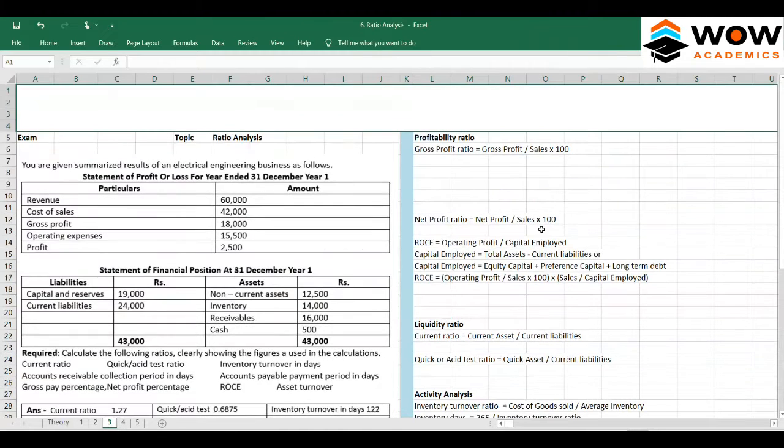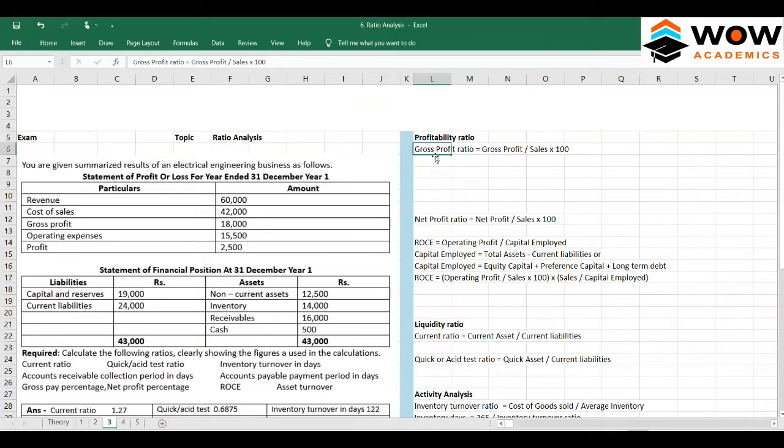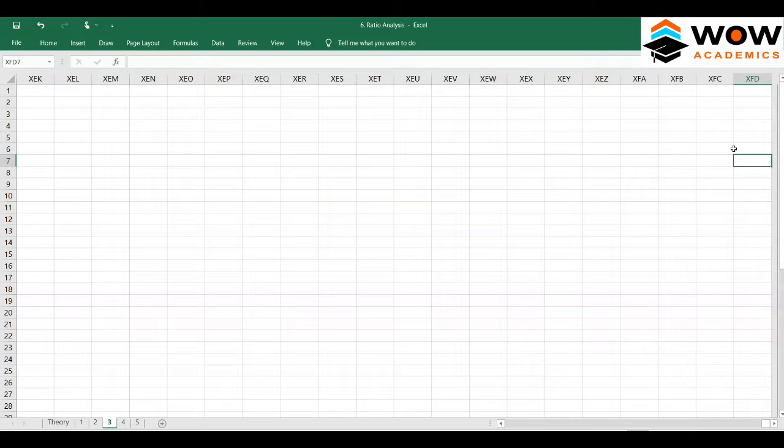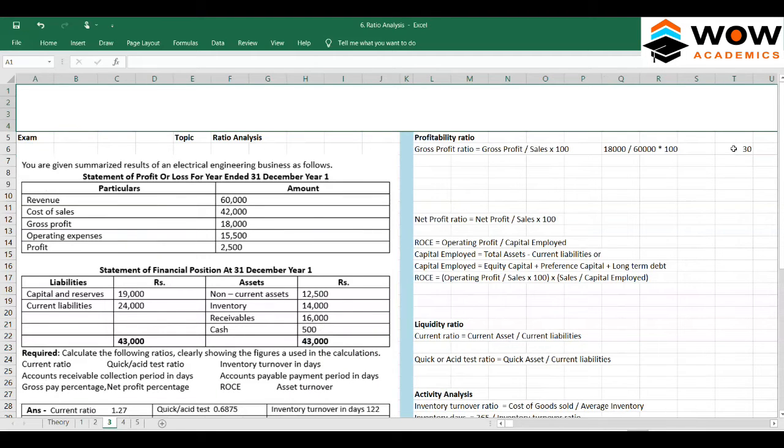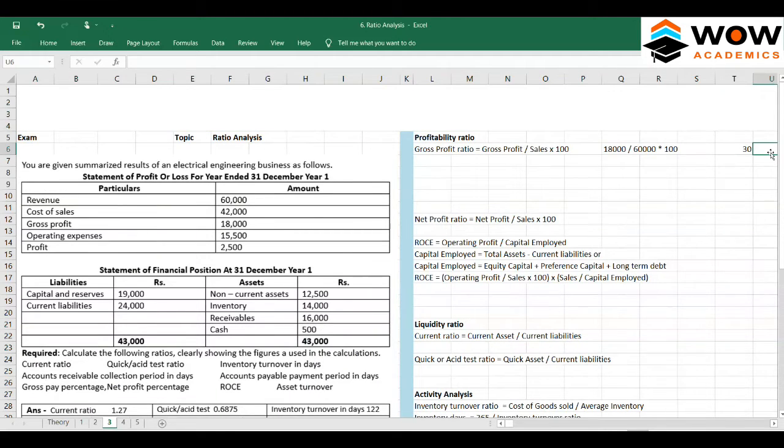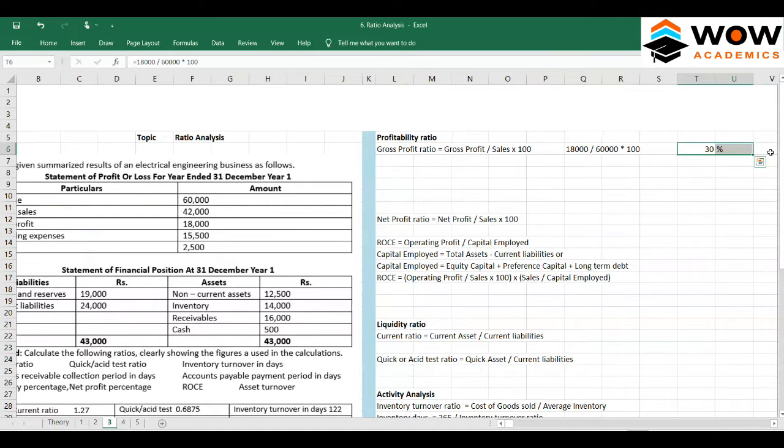So we'll start. So gross profit is directly given and sales is also directly given. So computing this ratio is not a problem. And it's a percentage.